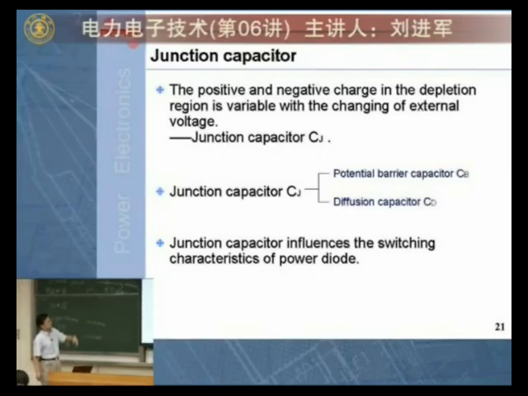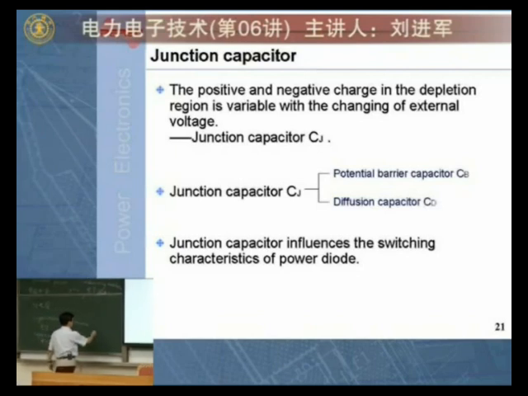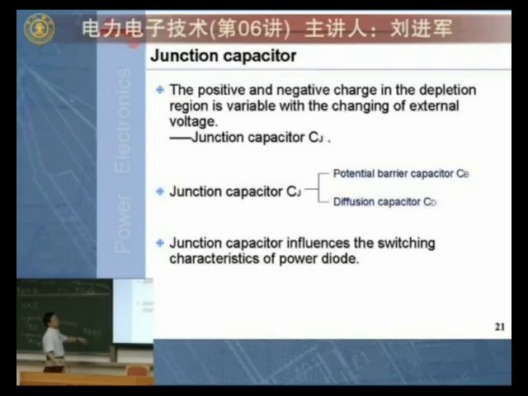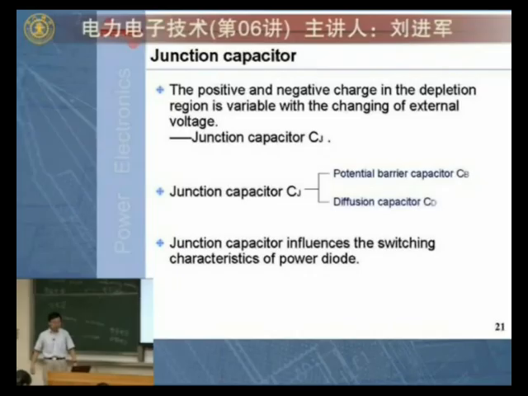There are two different causes of junction capacitors. There is a potential barrier capacitor, and there's also a diffusion capacitor. You do not need to get into details of that.